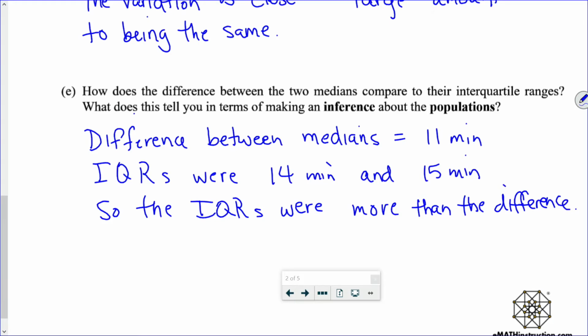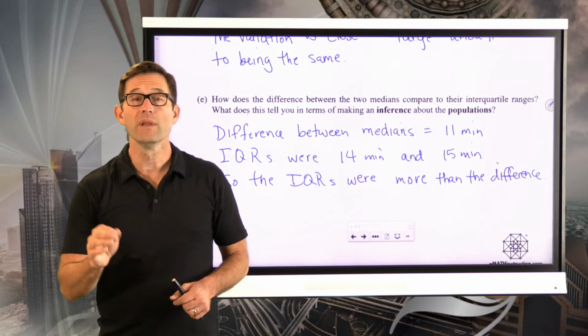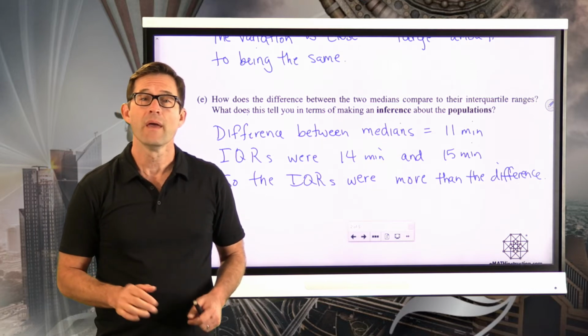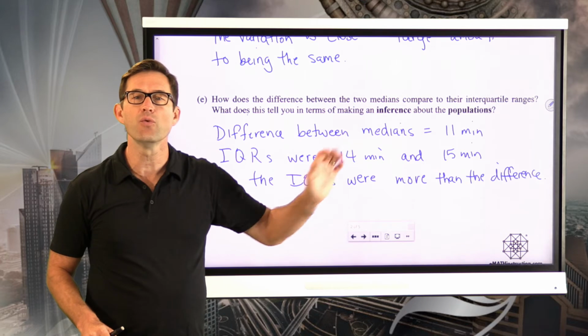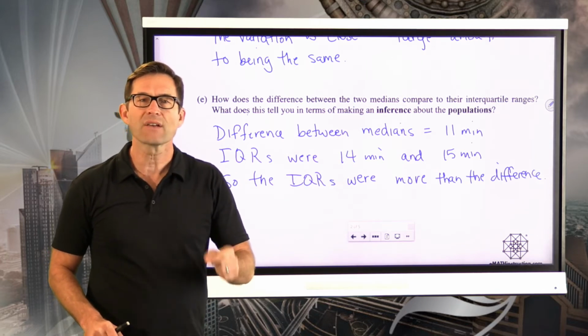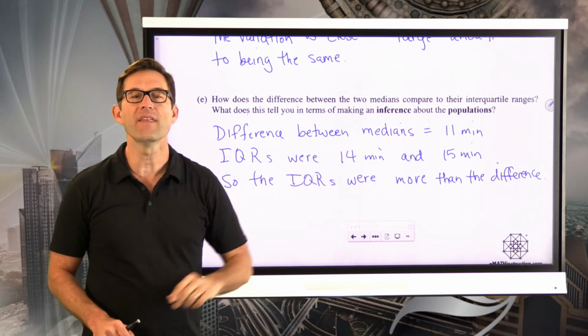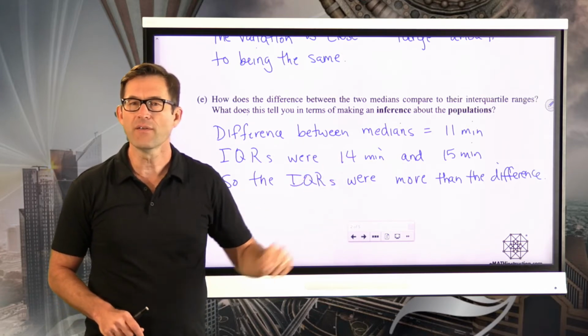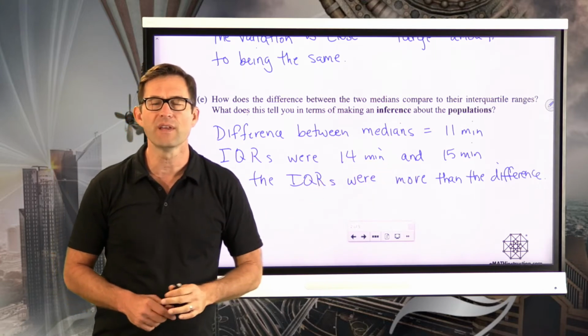All right, so this really takes us back to the last lesson, and hopefully you were with us on that one, where we looked at sampling two populations. Because what this is telling me right now is that the difference between the two medians is actually less than the variation in the data sets, right? The difference is 11 minutes, but the IQRs are 14 and 15 minutes.